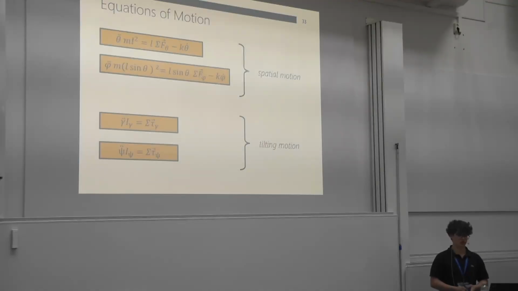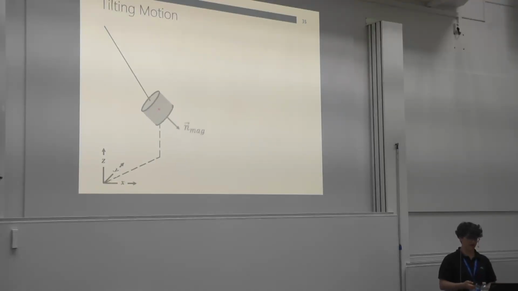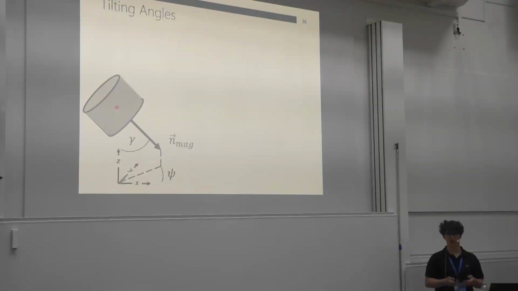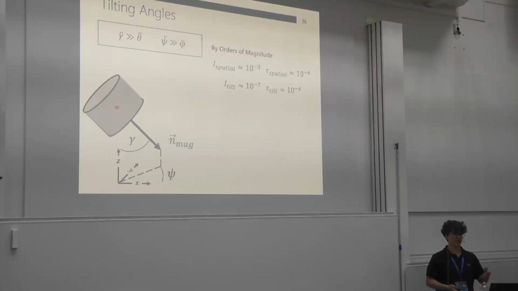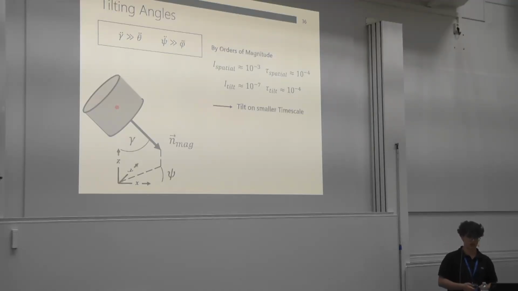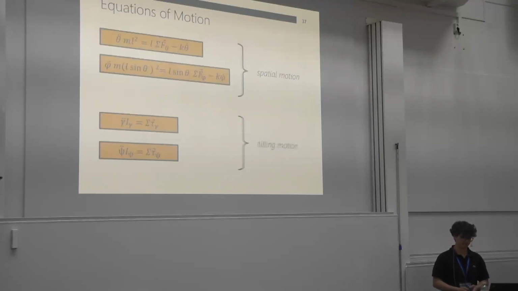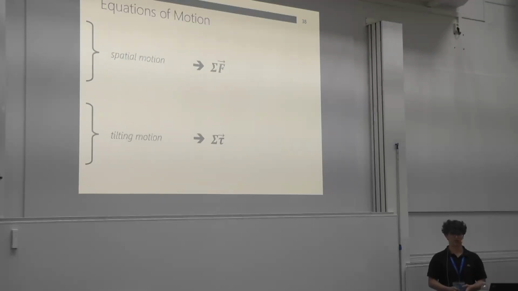For our tilting motions, we can also derive a simple differential equation where for our tilt we defined two additional angles, but considering that the change of the angles is of way greater amplitude order of magnitude and on a smaller time scale than the spatial motions, we here use an adiabatic solution. Now, also describing the total force and total torque in our system.